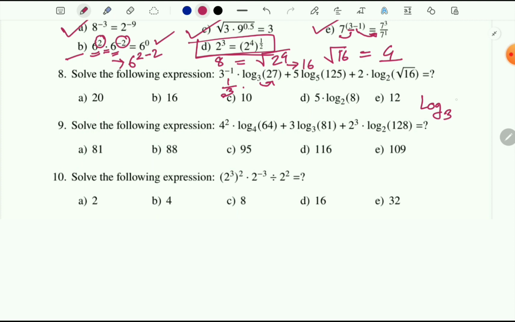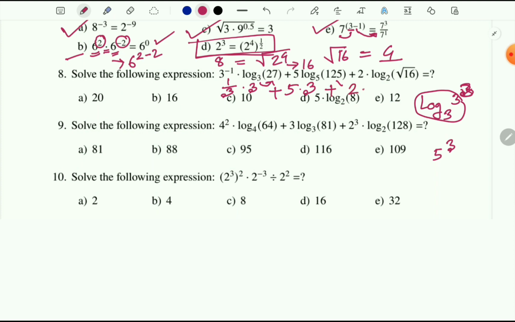So the value of this becomes 1, therefore only 3 remains, plus 5 into log 5 base 125. So 125 we can write as 5 cube. Again here remains 3, plus 2, and root 16 means 4.